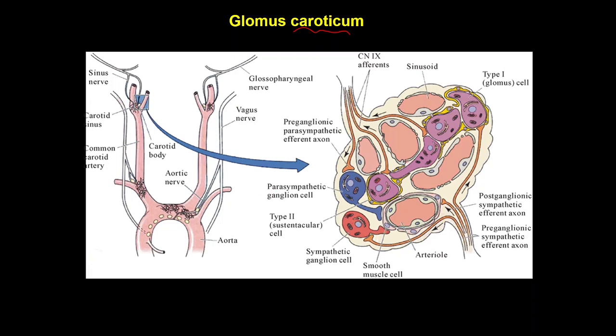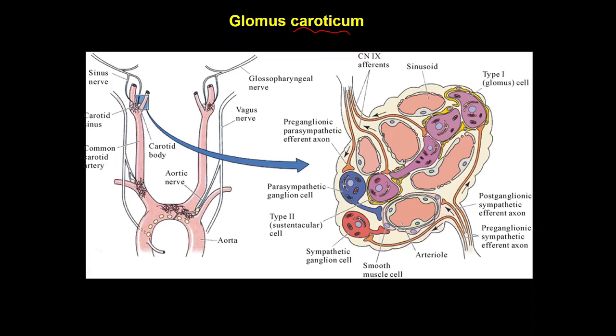I wouldn't say it's not important, you should know something about it, but we don't have a slide of this structure. It's located near carotid arteries, in the branching of the common carotid artery into internal and external, near the carotid sinus.